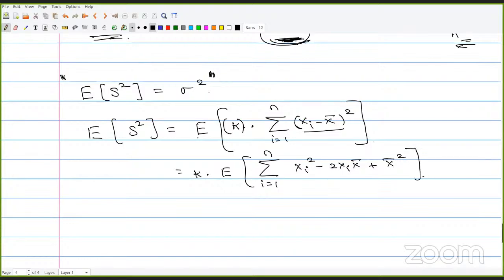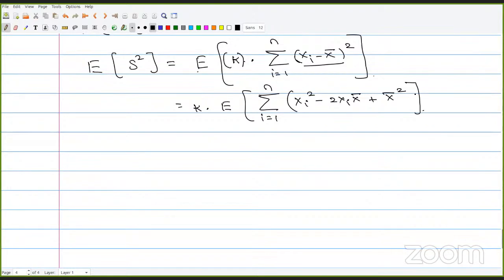Okay. So this will be inside the summation. Now this will be the expected value of summation i equals 1 to n of xi square minus 2 times x bar, which is independent of i, times summation i equals 1 to n of xi.